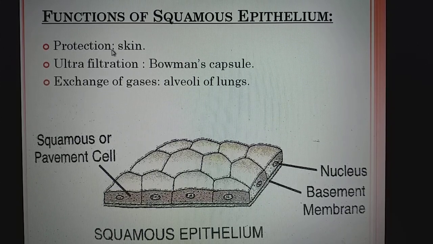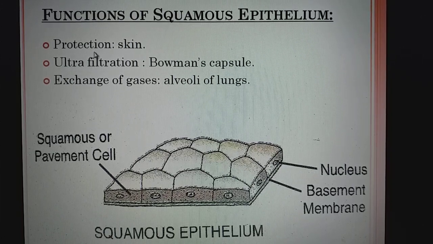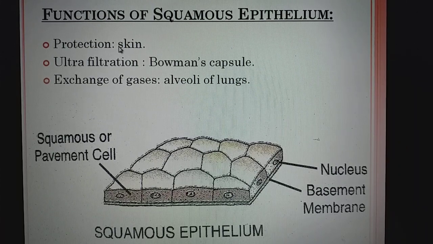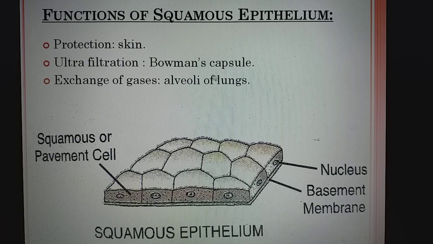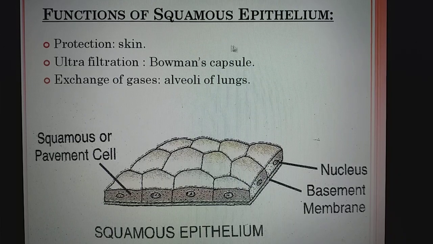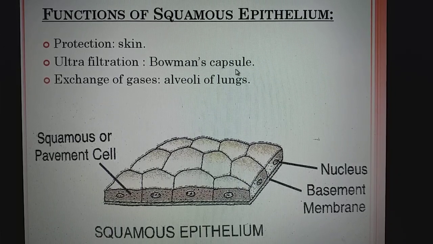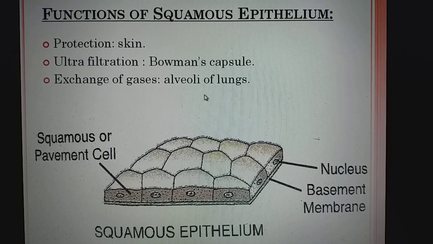Skin is a stratified squamous epithelium, so it protects the body from external injury, from the attack of microbes, from chemical injury, etc. Next is ultrafiltration, which is done with the help of Bowman's capsule, which helps to excrete the waste material from the body or reabsorb the usable material. Next is exchange of gases. Example, alveoli of lungs help in the exchange of gases.